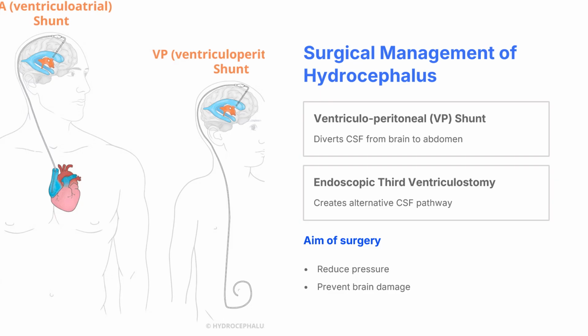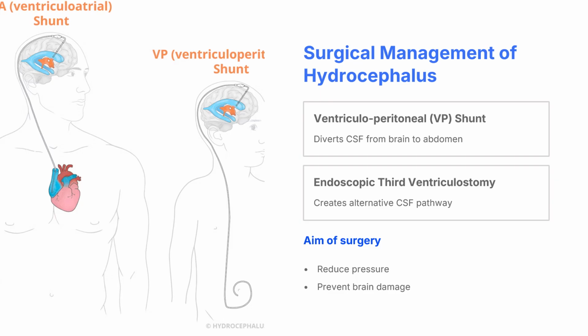Endoscopic third ventriculostomy would create an alternative CSF pathway. Both aim to normalize the pressure. So this shunt saves life, but it has long-term complications, right? This shunt can relieve the pressure and everything.